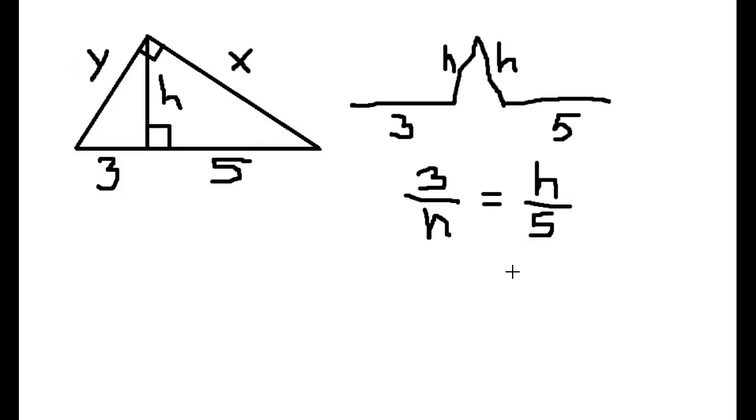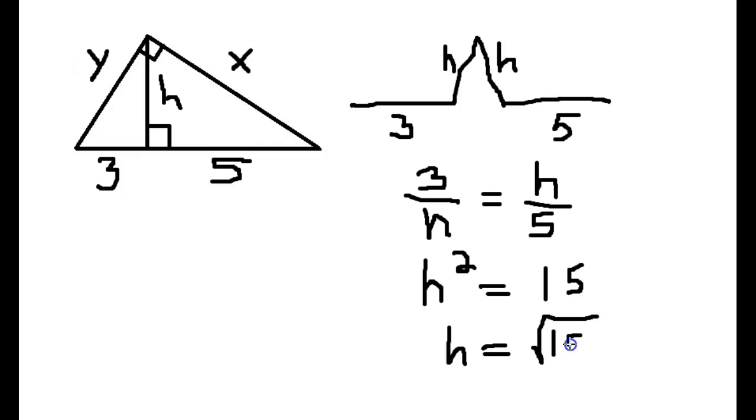And cross-multiplying that proportion, we end up with h squared is equal to 15. Taking the square root of both sides of the equation, we get h is equal to the square root of 15.